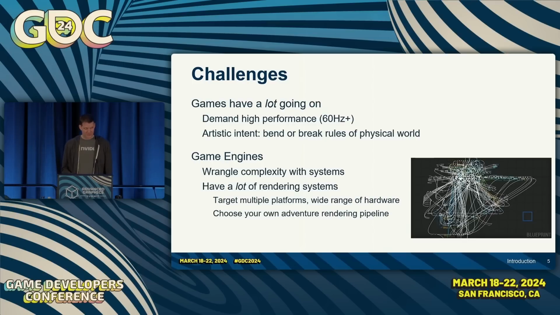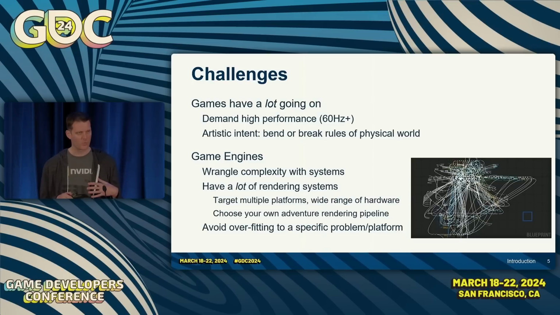And most of the time, this creates sort of a choose-your-own-adventure rendering pipeline, depending on the platforms that you support. So seriously, though, it becomes this tightrope walk that you have to do between overfitting your renderer to a specific problem or to a specific platform.